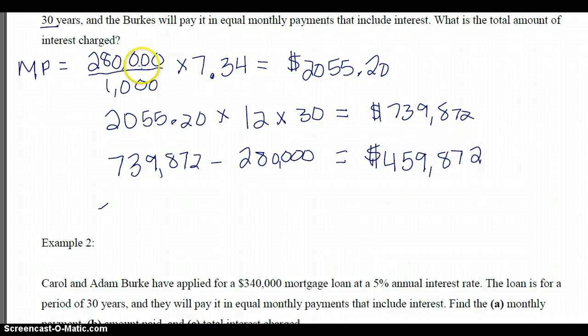That means that on a $280,000 loan at 8% for 30 years, your monthly payment will be $2,055.20. Throughout the course of the loan, you will pay back $739,872. And of that amount, $459,872 are interest.